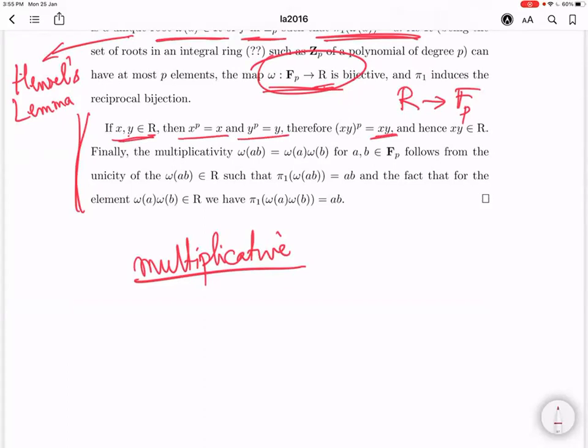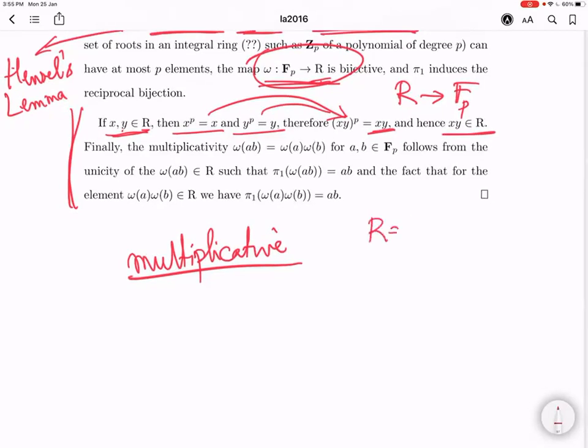Then these two things imply that (xy) to the power p is equal to xy, and therefore xy is in R, because R is the set of roots of this polynomial t to the power p minus t.